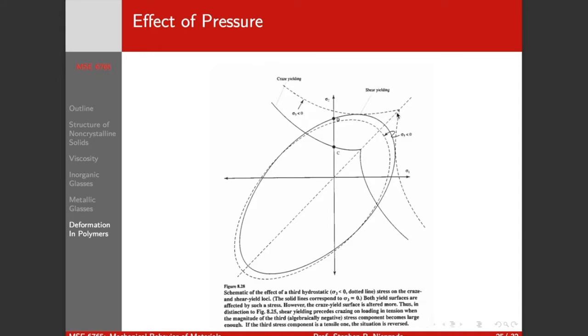And in fact, without the addition of too much of a sigma 3 term, remember we're talking a negative term, so we're reducing the hydrostatic pressure, we can actually move the craze yield surface completely outside of the shear yield surface. So that means we will always fail by shear banding rather than fail by crazing. Okay? Play with this a little bit. Think about it from a mechanistic point of view as to what's happening.